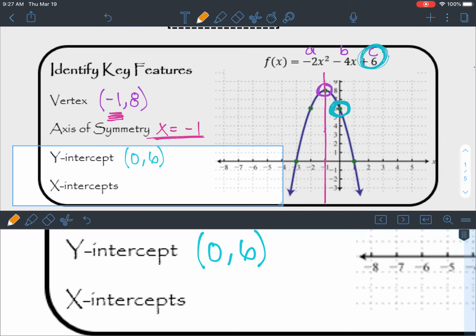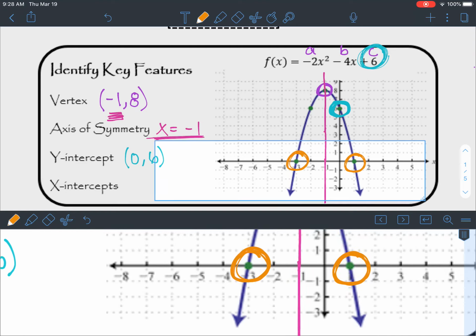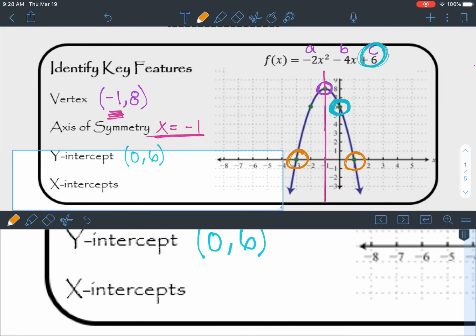The last thing that we need to talk about is our x-intercepts. And this is what we've been solving for the entire time that we've been doing quadratics so far. We've been trying to figure out where it crosses the x-axis. So you guys should be able to factor these or use the quadratic formula to find these. But just looking at the graph, we can identify those points as well. That happens at -3 and at +1.